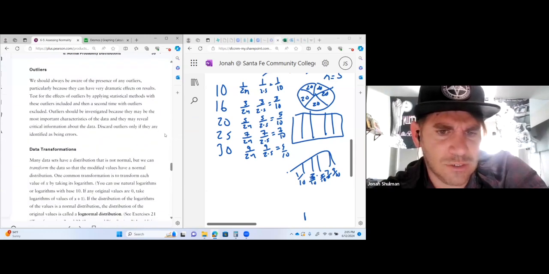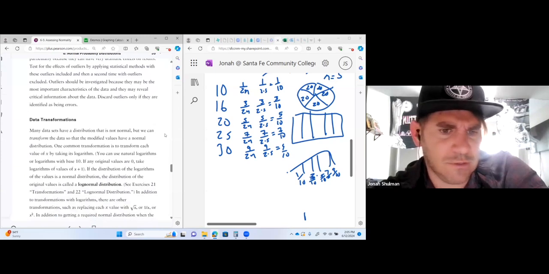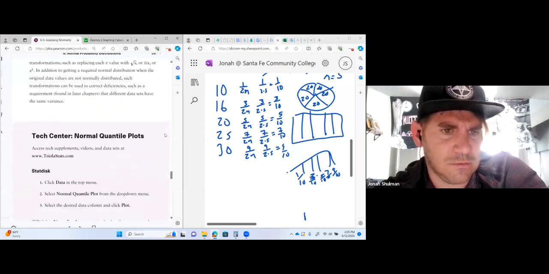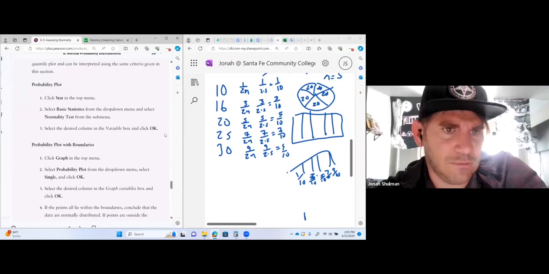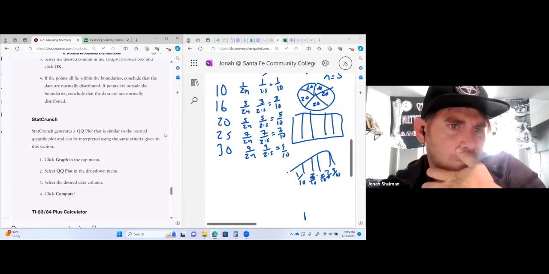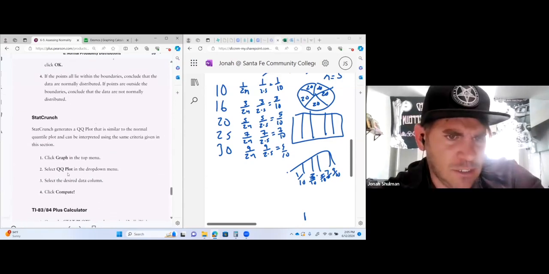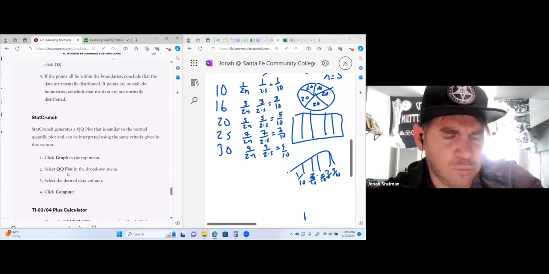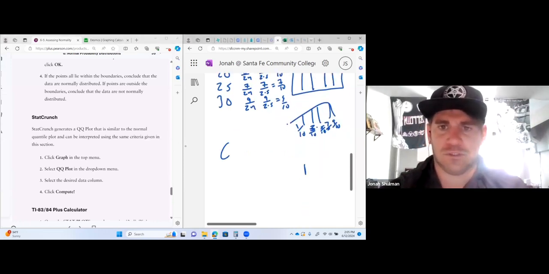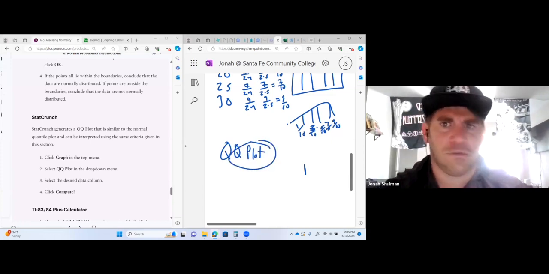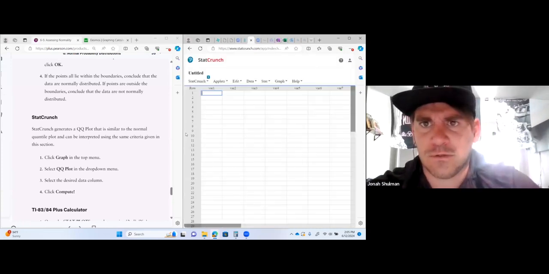There's got to be a way to just put this in StatCrunch or something. Okay, so we're already at the end, right? Let's see if we can do this with StatCrunch. There's a QQ plot. Let's make this QQ plot, and we'll also make a histogram too. Let's go into StatCrunch.